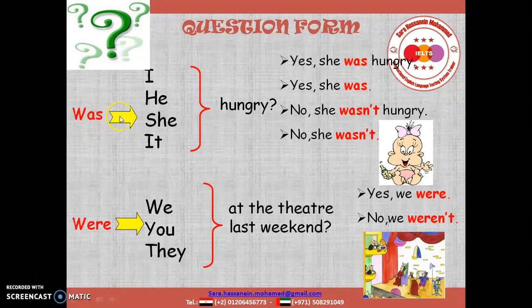So if you are asking me about this little girl and you asked me, was she hungry? Was this girl hungry? I'm going to answer you, yes, she was, or no, she wasn't. And in the question form with were, it's supposed to be were they, or were we, were you at the theater last weekend?